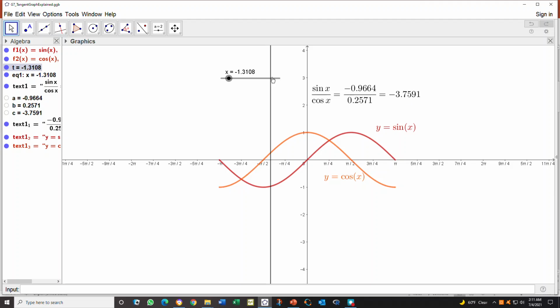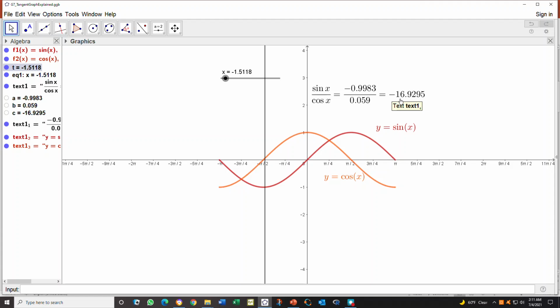No wonder these values are negative. So if I let x approach negative pi half, getting closer and closer from the right, we still have the same situation: a negative number divided by a positive number, therefore it's going to be negative. But because the denominator is getting smaller and smaller, we are dividing by a smaller and smaller number.